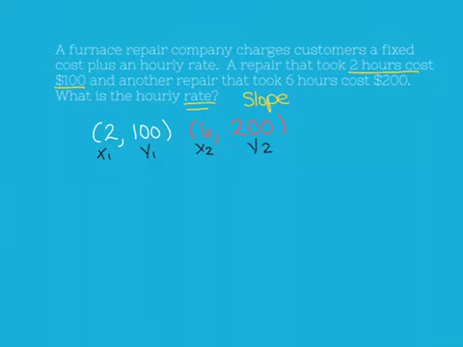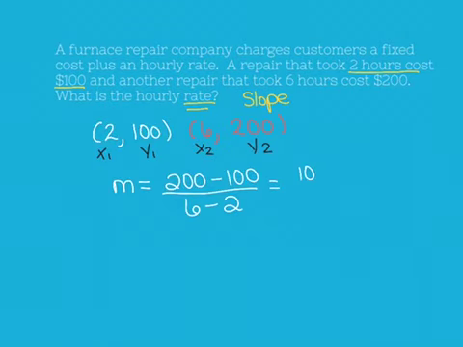So we're going to plug both of those into our slope formula. So 200 minus 100 divided by 6 minus 2. This gives us 100 divided by 4, which is 25. So this is our hourly rate. The hourly rate is $25 per hour.